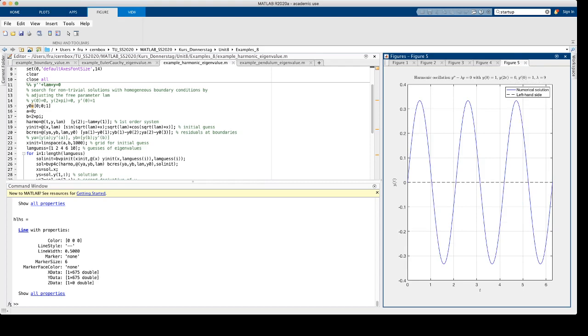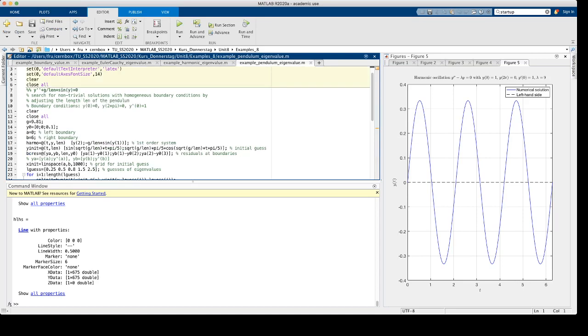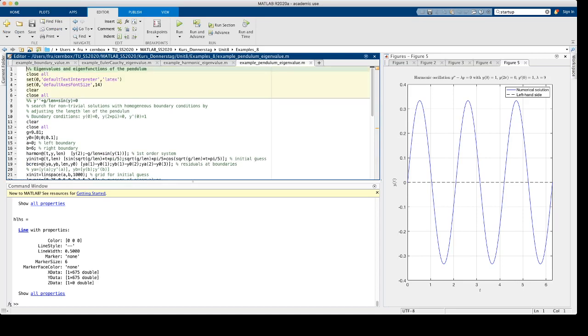We can do something very similar with a pendulum oscillation. So if we look for the eigenvalues and eigenfunctions of the pendulum, we just have to replace the harmonic oscillator by a pendulum oscillator. The equation is shown in line 7. And the free parameter is now the pendulum length. I call it len in the script.